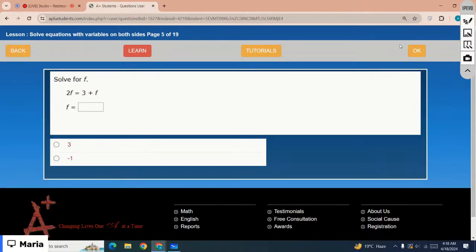Okay, the next one is 2f equals 3 plus f. So which is the correct option?